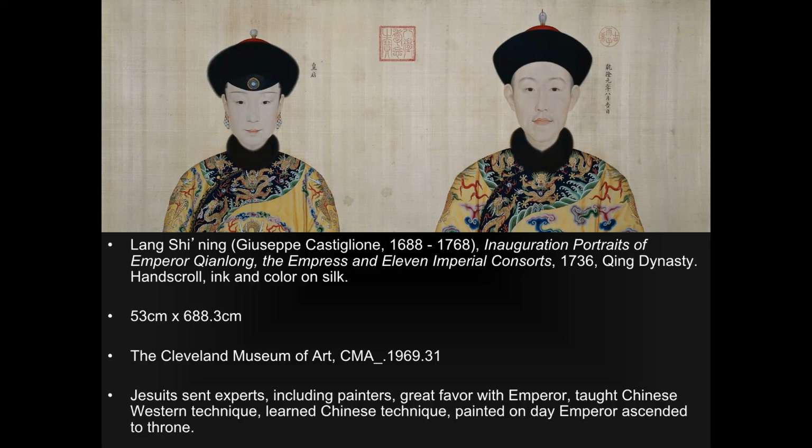So how this came about that Castiglione ended up painting the emperor is the Jesuits, who are a particular brotherhood of Catholic monks in Europe. And they had a lot of presence in Spain and in Italy. So the Pope at this time had real political power, and the Jesuits in some ways were his army, sometimes for violence.